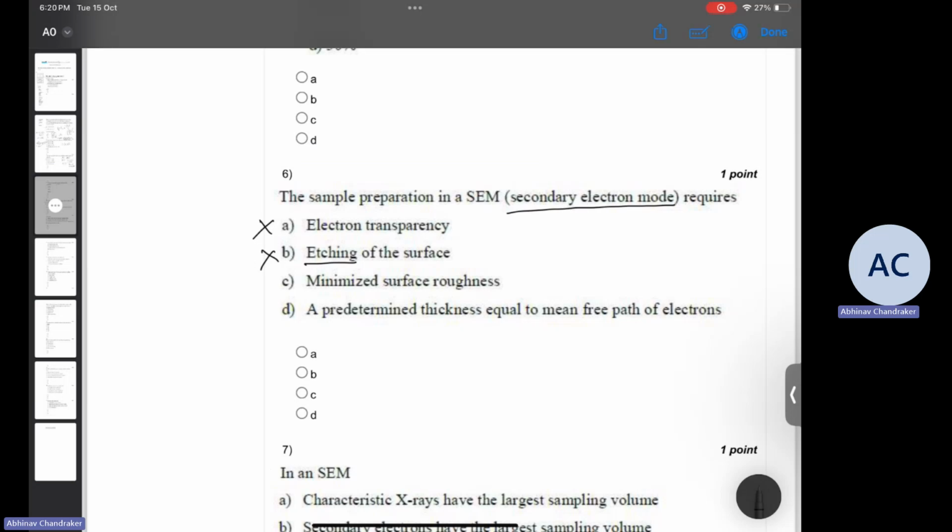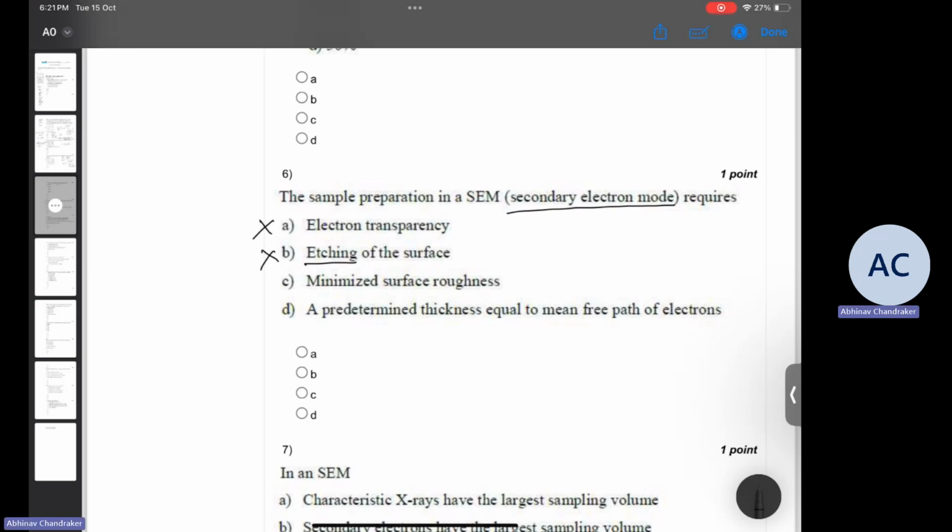C, minimize surface roughness. We need to minimize surface roughness so that any kinds of scratches, if they are there on the material, do not affect the image that you're taking.